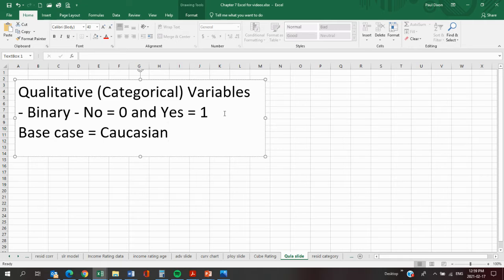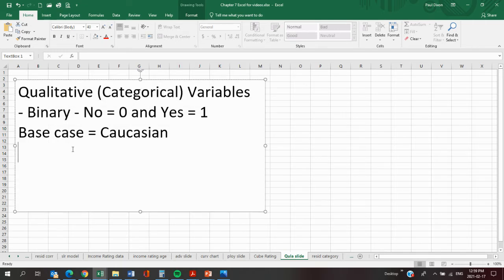I'm trying to make these into numbers. But I could then create new variables. I could have African American, which is equal to 1 if you're African American.